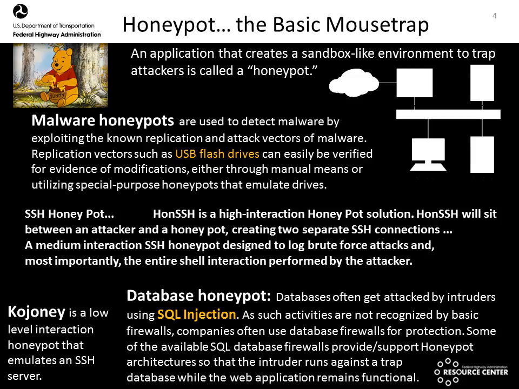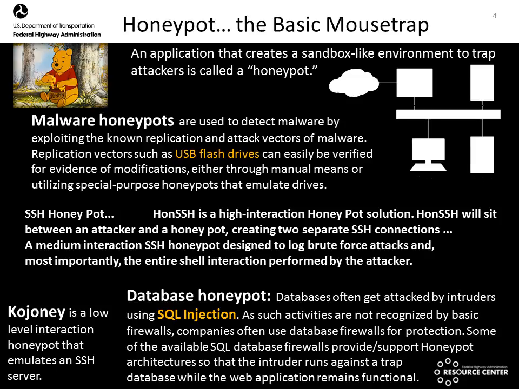This is similar to the police baiting a criminal and then conducting undercover surveillance and finally punishing the criminal. A honeypot can also be described as an application that creates a sandbox-like environment to trap attackers. Malware honeypots are used to detect malware by exploiting the known replication and attack vectors of malware.